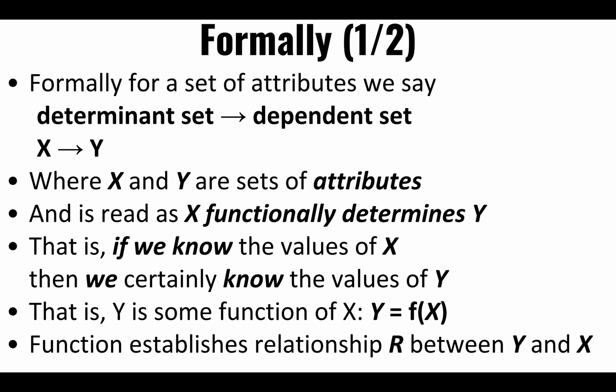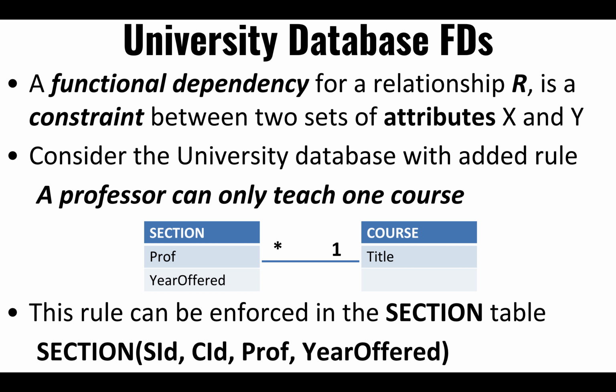The nomenclature is that we read it as X functionally determines Y. If I know X, I definitely know Y. One implies the other, or Y is a function of X, or we say there's a relationship between Y and X. Those are just formalities on how we describe this.